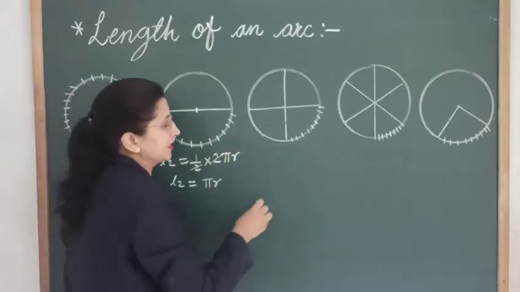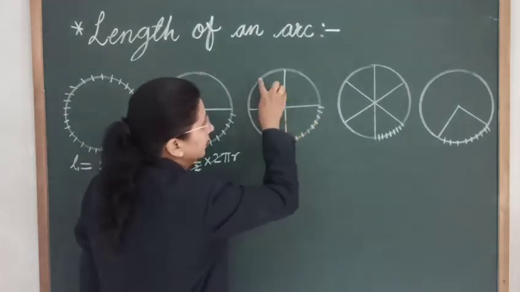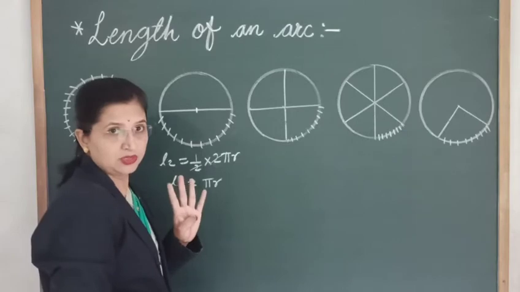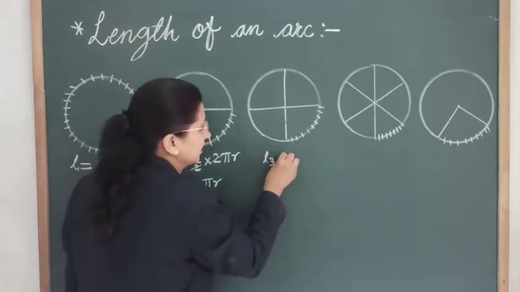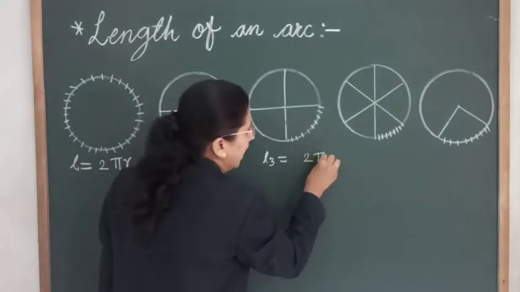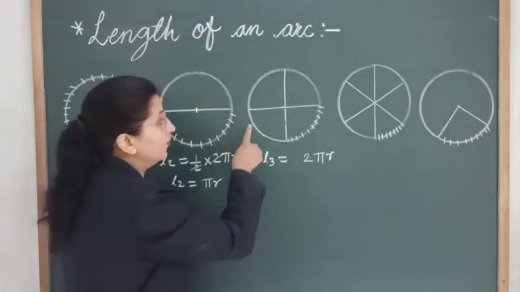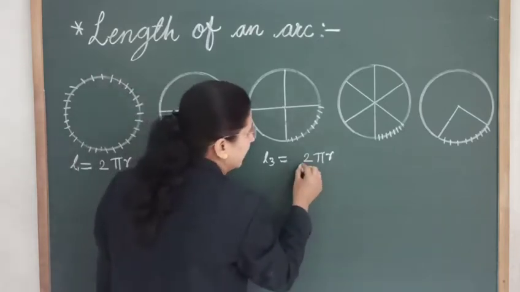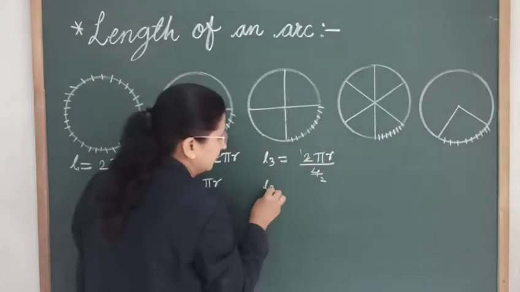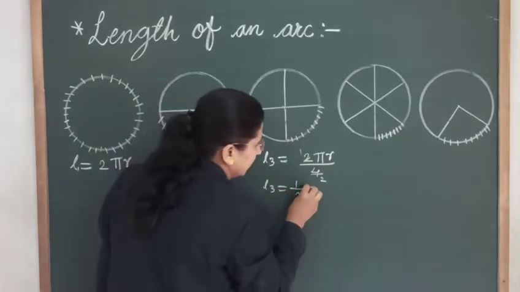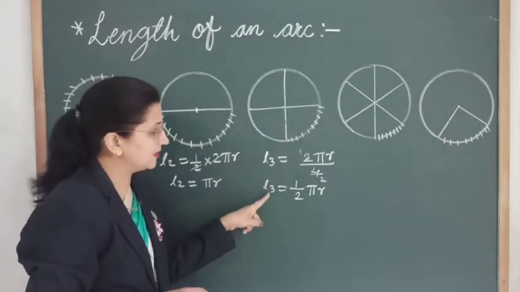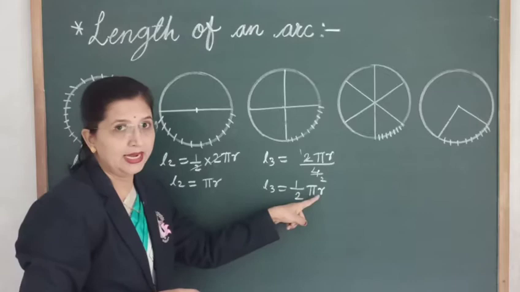Now in this case the whole circumference gets divided in 4 equal parts. So L3 is equal to the whole circumference, 2 pi r, divided by 4. So 2 ones are 2, 2 twos are 4, and we get the length of this quarter arc as 1/2 pi r.